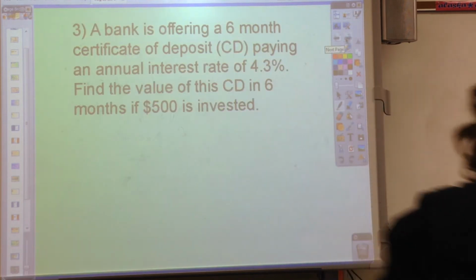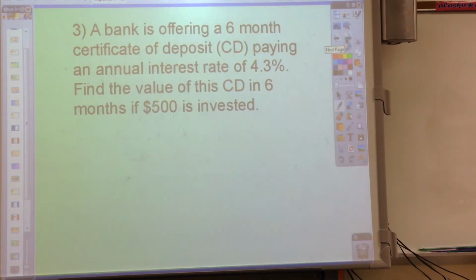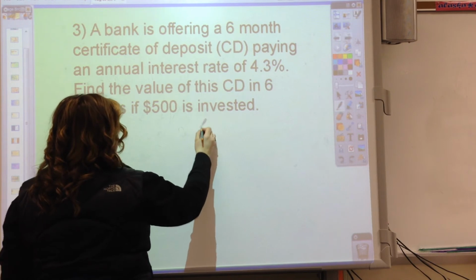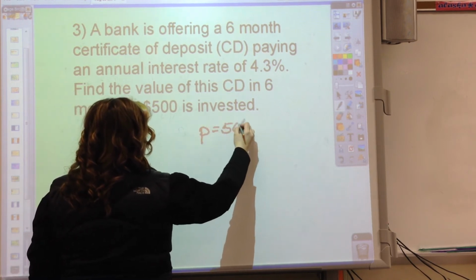How about a bank? A bank is offering a 6-month certificate paying an annual interest rate of 4.3%. Find the value of this CD in 6 months if $500 is invested. So first off, I know my principal is 500.